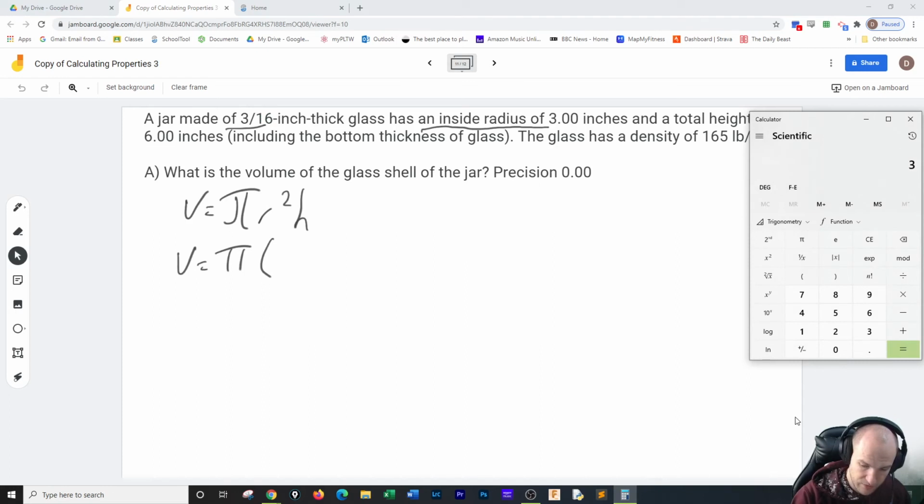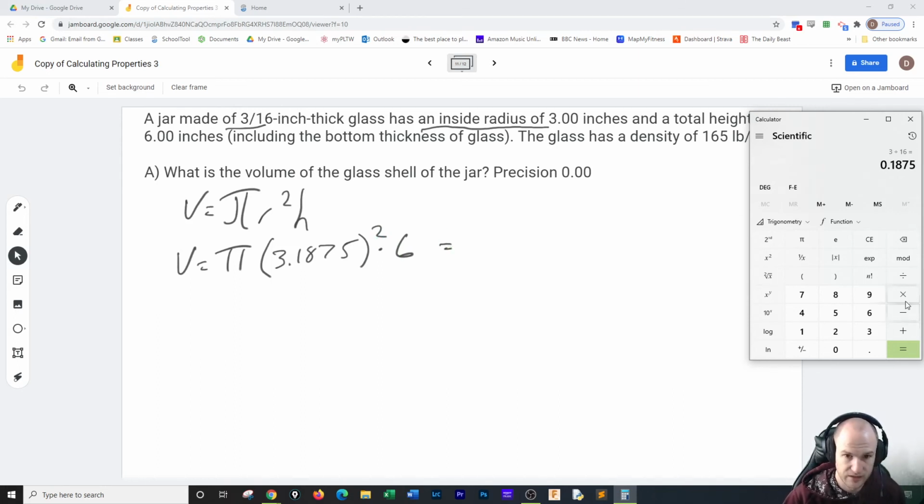So 3 divided by 16 is 0.1875. So we've got 3.1875 squared times the height, which is 6 inches. So this is the volume of the whole thing.